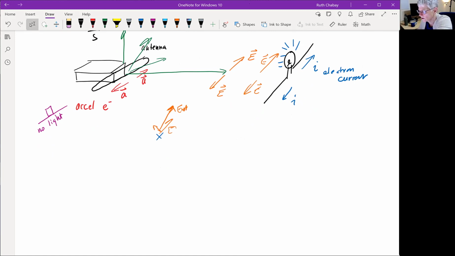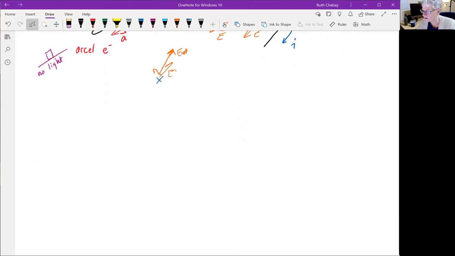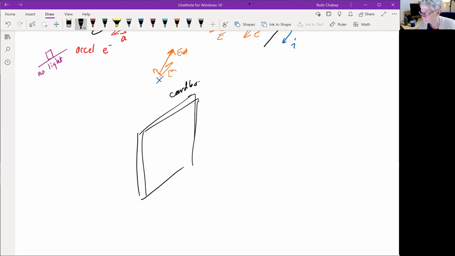So in this classical model, suppose we have a piece of cardboard, and suppose we have some light coming this way.